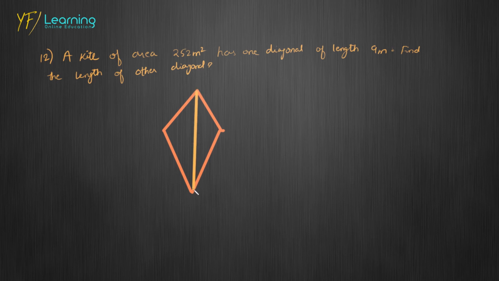The longer diagonal is named as B, and the shorter diagonal is named as A. An area is given which is 252 meters square.